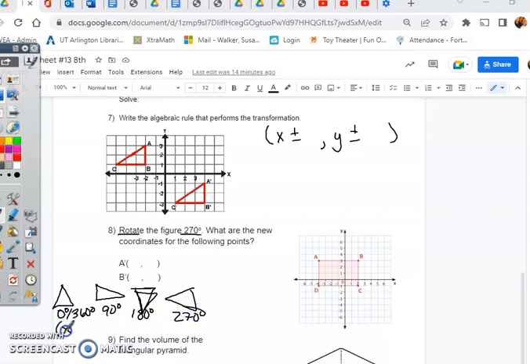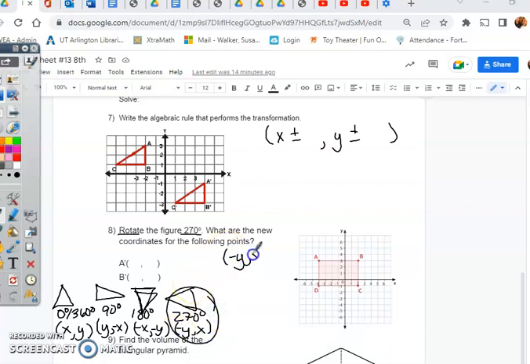So remember, I do x, y, and negative x, negative y. Then rotations are the only one where it flips the y and x. And negative x, negative y. Okay? Okay, so we're using this rule.